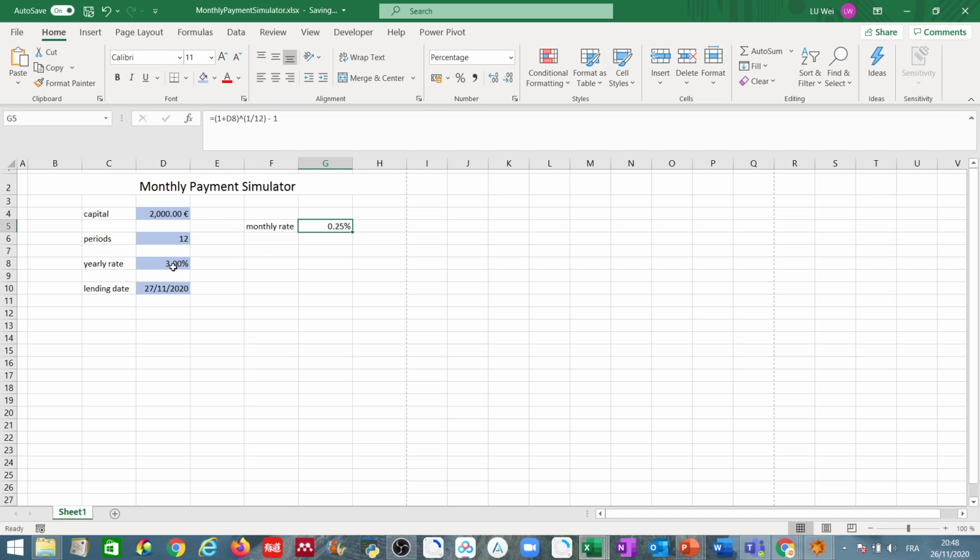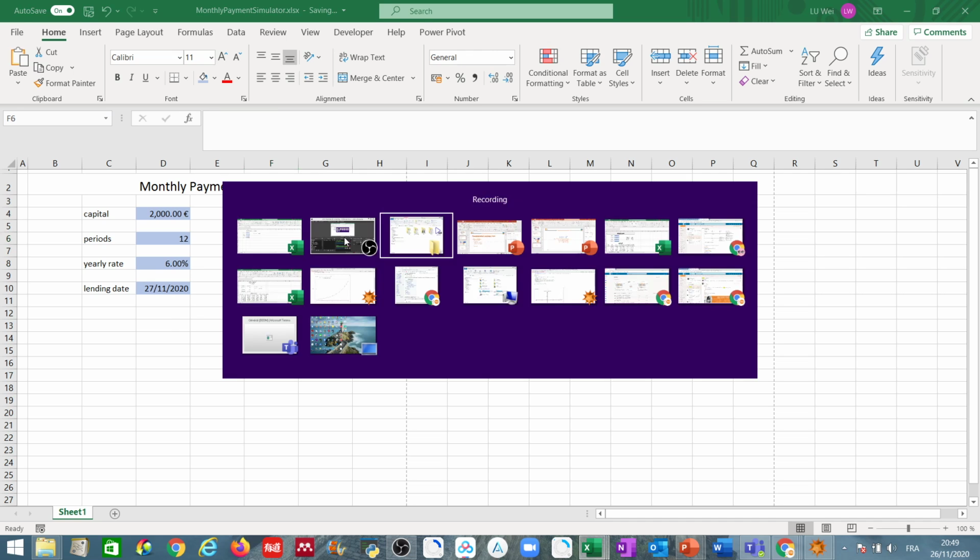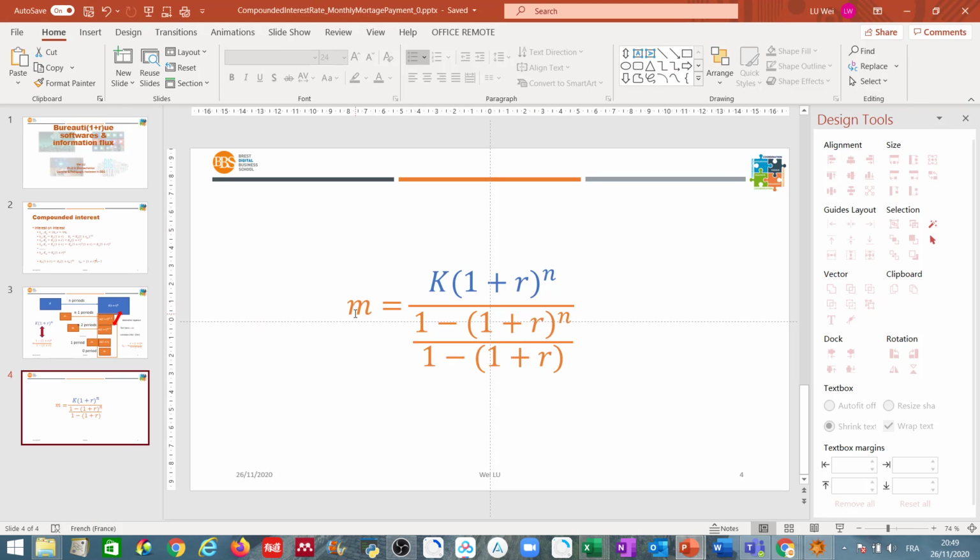So we can change the value here as we want, and the value here would be updated. So with this information, we can calculate just as what we have shown here.